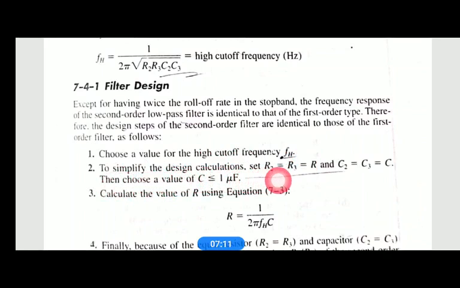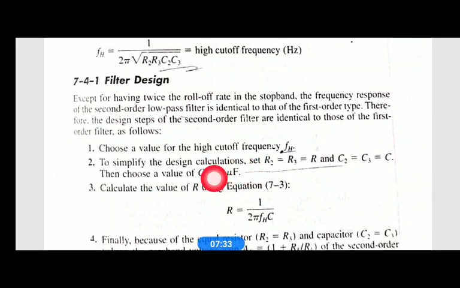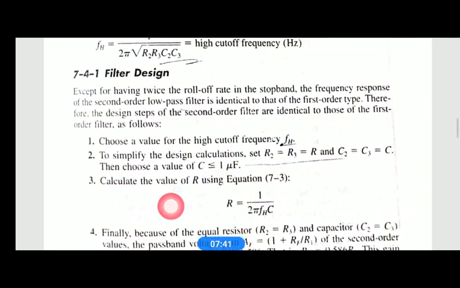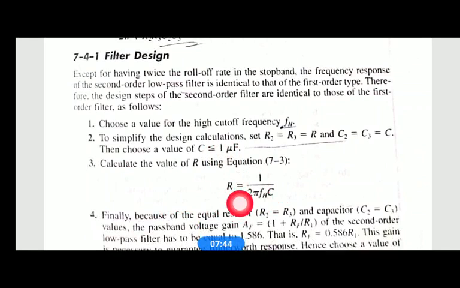Second, to simplify the design, we consider R2 equal to R3 equal to R, and C2 equal to C3 equal to C, choosing the value of C usually less than or equal to 1 microfarad. After that, we have to calculate the value of R, meaning the value of R2 as well as R3, which are equal.